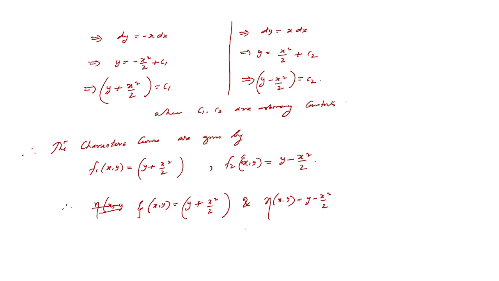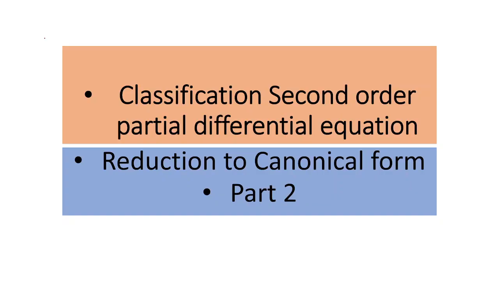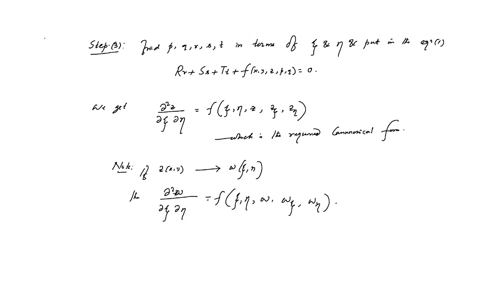Now we will choose the independent variables x, y to xi, eta. So next, step 3. We will change our PQRs in terms of xi, eta.